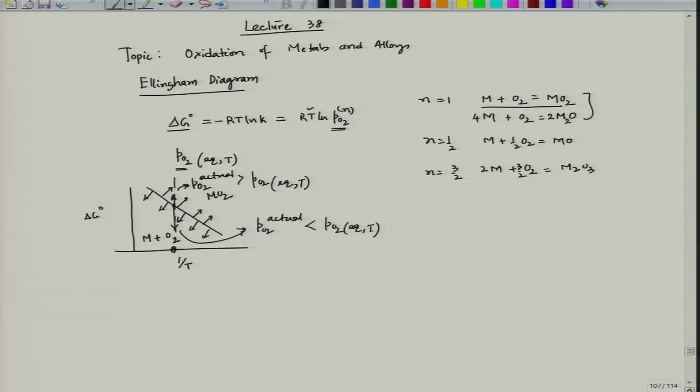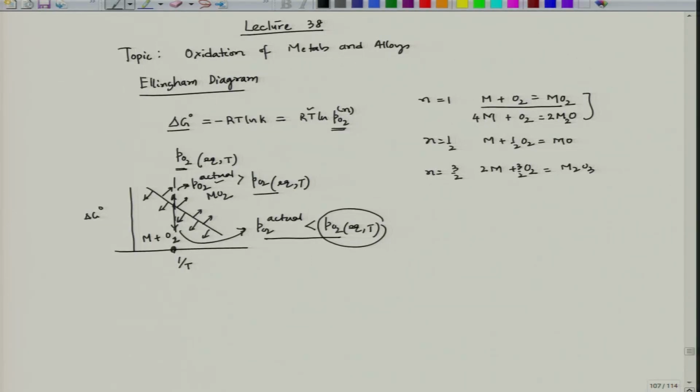In this case, at that temperature the system would like to attain equilibrium if it is a closed system, and in order to achieve the equilibrium partial pressure of oxygen, the metal oxide would reduce to form more oxygen. But in the other case, since the actual pressure is more than the equilibrium partial pressure of oxygen, more oxidation would take place. That information we had.